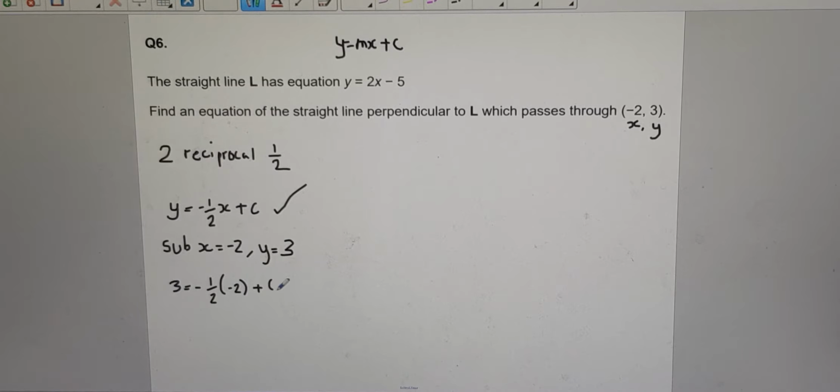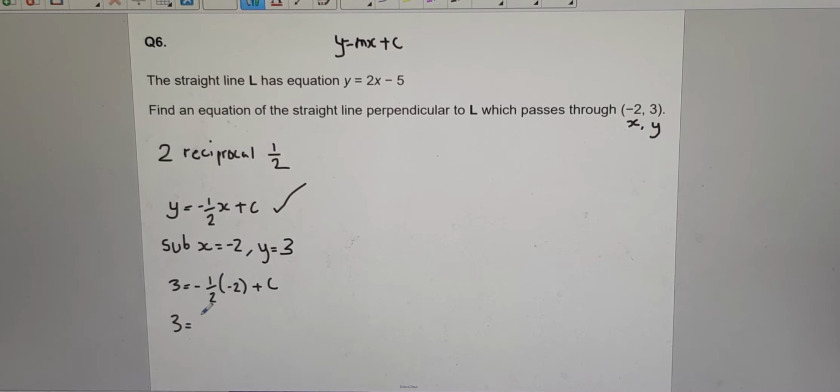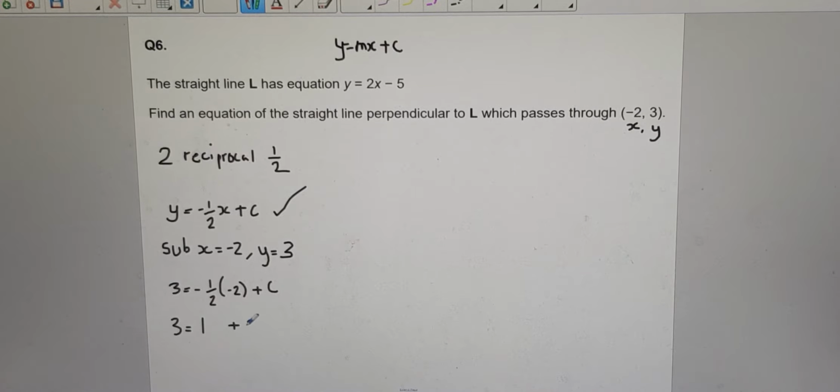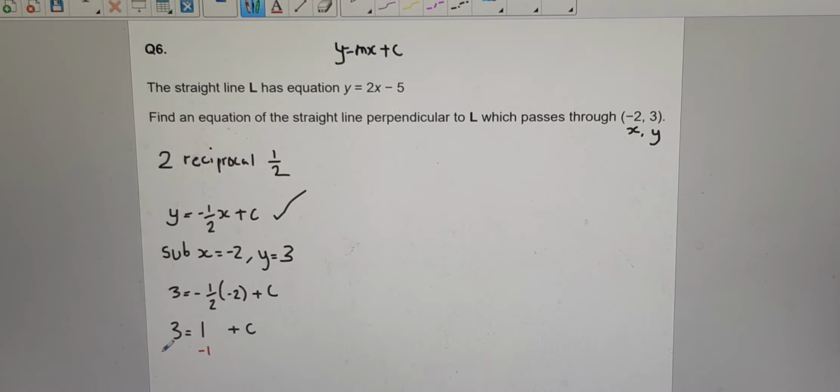3 equals, well, a negative multiplied by a negative gives me positive, and 1/2 times 2, 2 lots of 1/2, makes 1 whole. So I've got 1 plus c. Rearrange to make c the subject, or solve to find c, I should say technically. 3 take away 1 is 2.